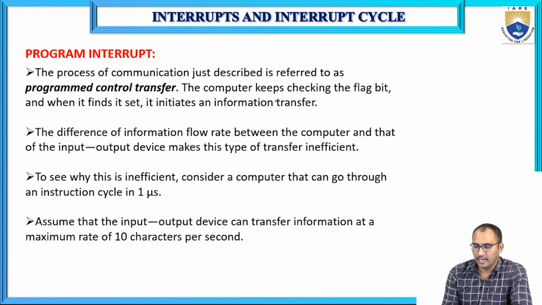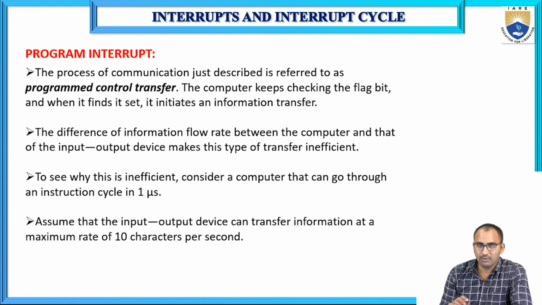The computer keeps checking the flag bit, and when it finds it set, it initiates an information transfer. This type of data transfer is called programmed control transfer. So here the CPU has to continuously monitor the flag bits. If the flag bit is set to logic 1, then the data transfer takes place. Otherwise no data transfer takes place.